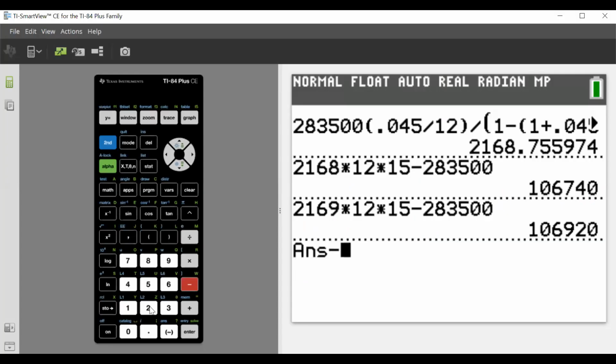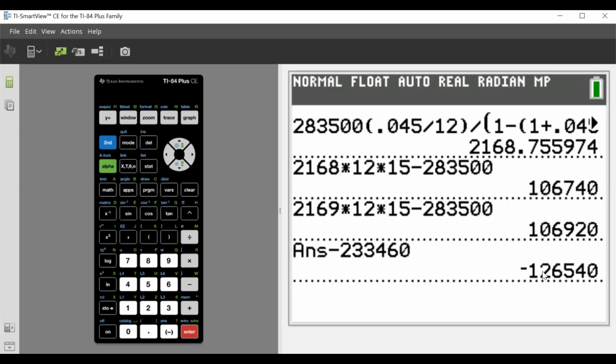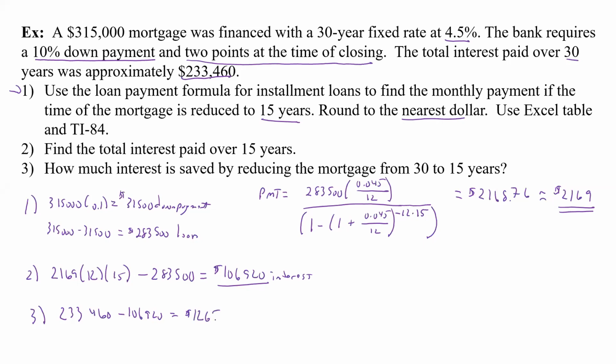I'm just going to say subtract off that 233,460, and I know it's going to give me a negative number, but I'm just going to use the positive value. So 126,540. So that's how much we saved. 126,540 saved in the 15 years that we reduced it by.